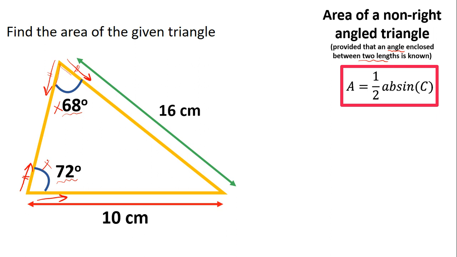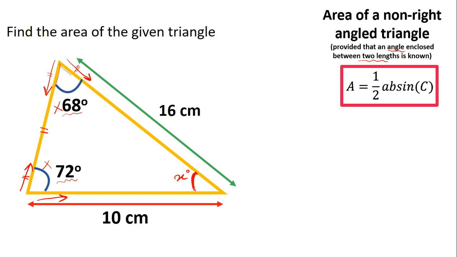Now, in order to find out my area, either I need to find this specific length, or I move on to finding this specific angle. Let's suppose this angle is x. Finding this length is a very complicated process. It involves the use of sine rule and cosine rule, which we haven't discussed yet, so we're not going ahead with that.